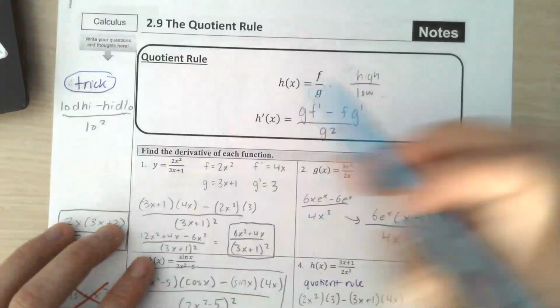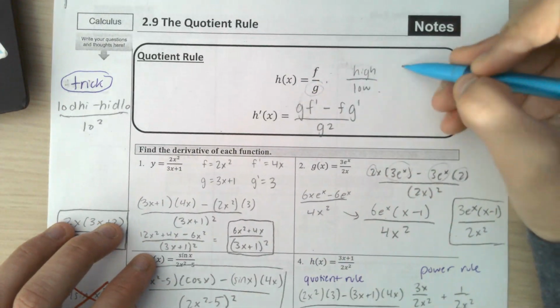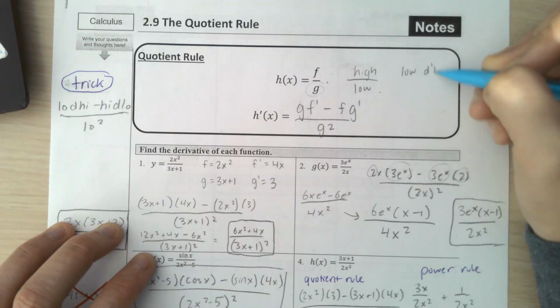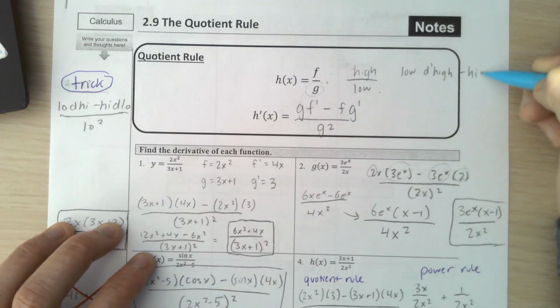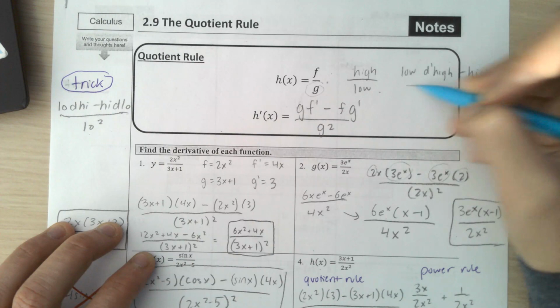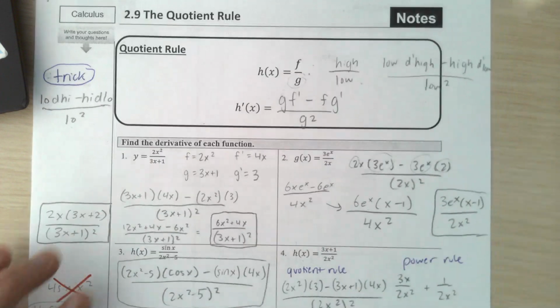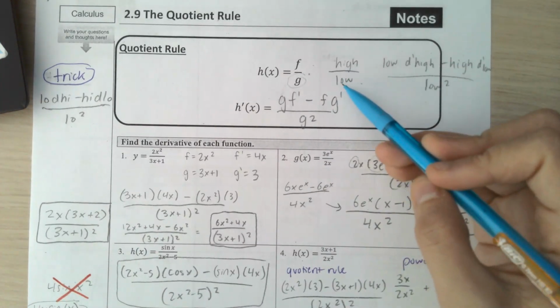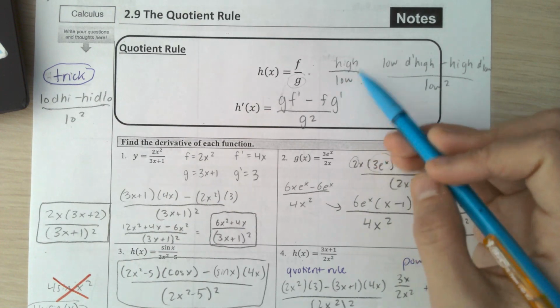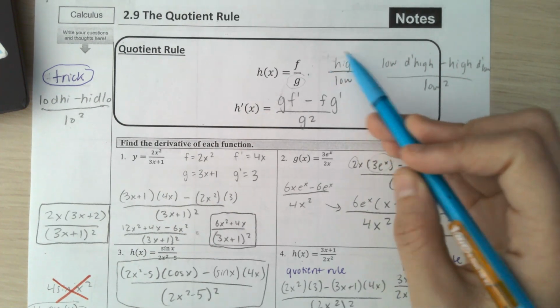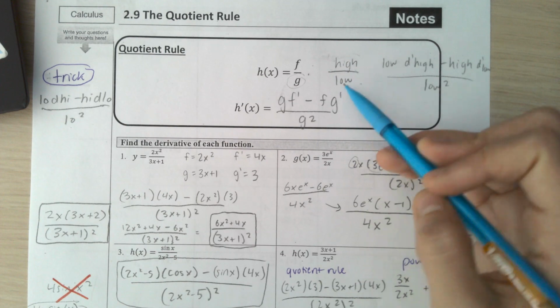So when I say low d high minus high d low all over low squared, I'm just saying whatever is on the bottom of the fraction. So bottom of the fraction times the derivative of the top minus top times the derivative of the bottom all over the bottom squared.